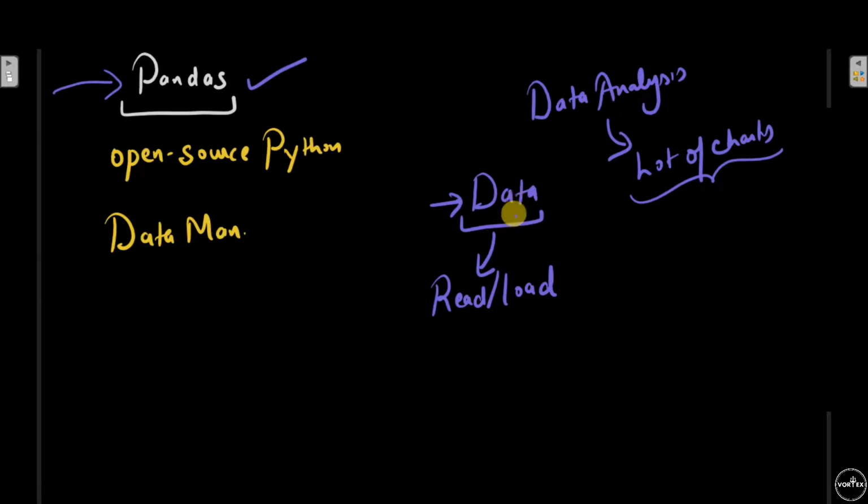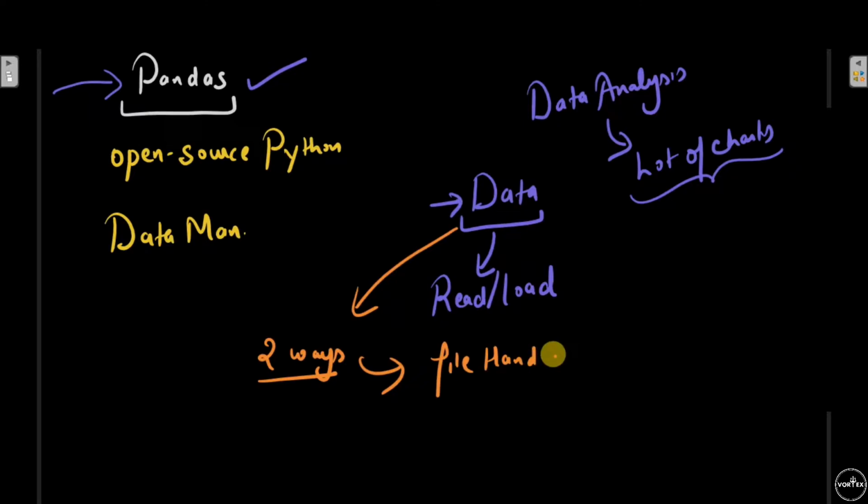Typically, there are two ways to read this data. One way is you can say, okay, I'm good at programming, can I use basic file handling and write some 10 to 20 lines of code just to read any file?